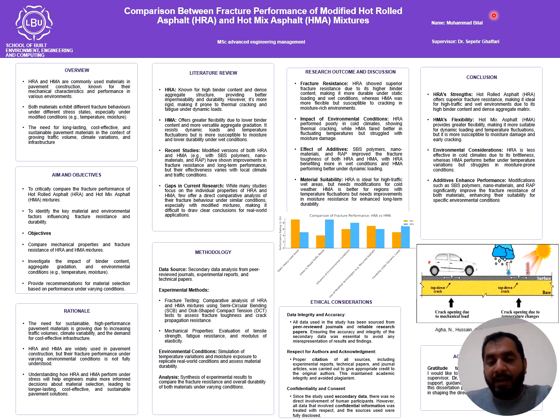Objectives: compare mechanical properties and fracture resistance of HRA and HMA mixtures. Investigate the impact of binder content, aggregate gradation, and environmental conditions, e.g., temperature, moisture. Provide recommendations for material selection based on performance under varying conditions.